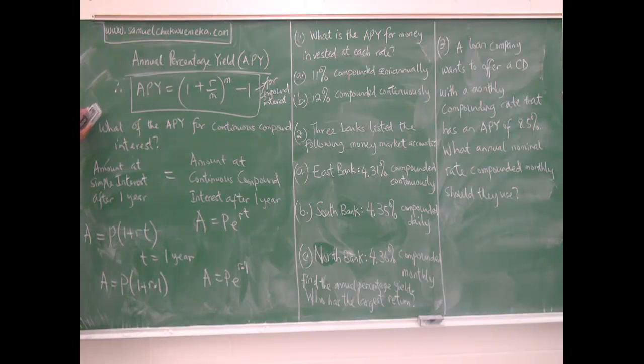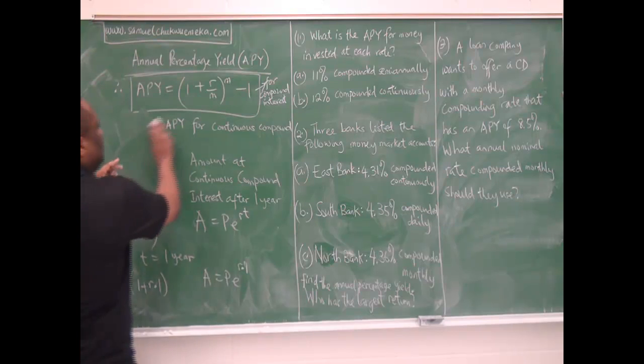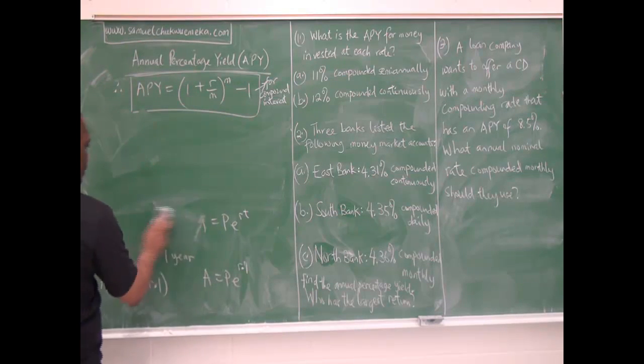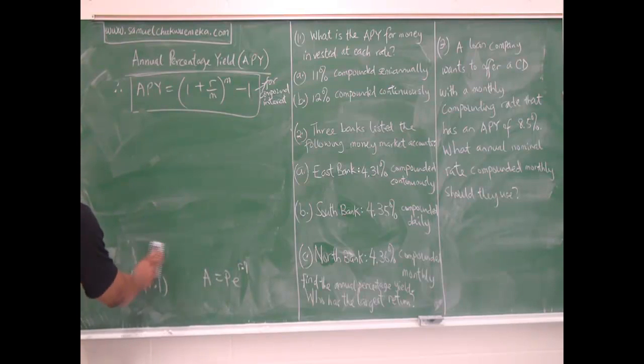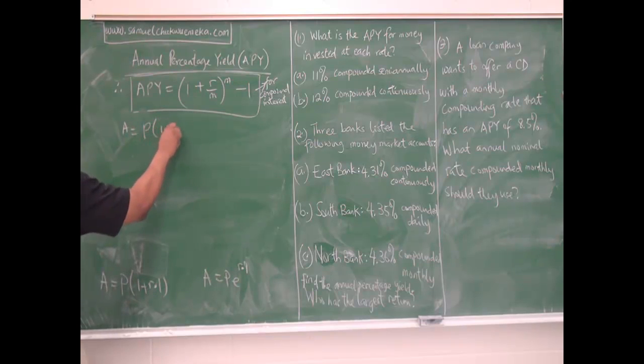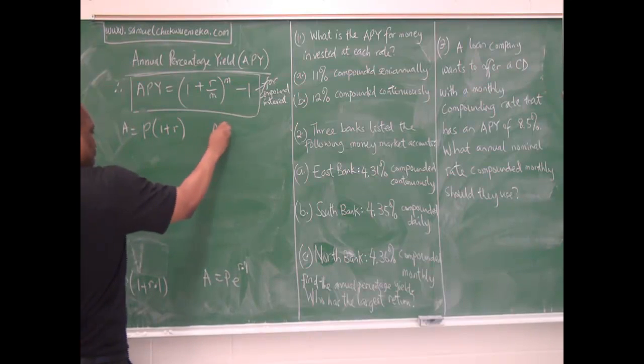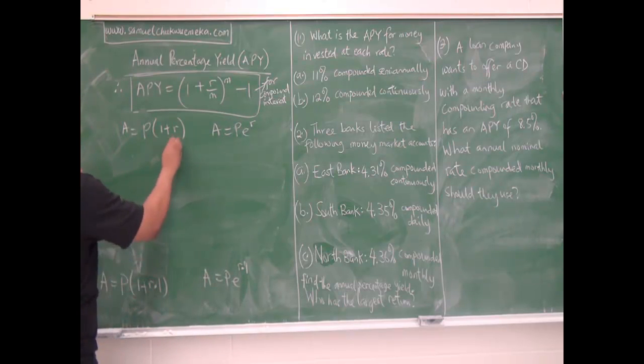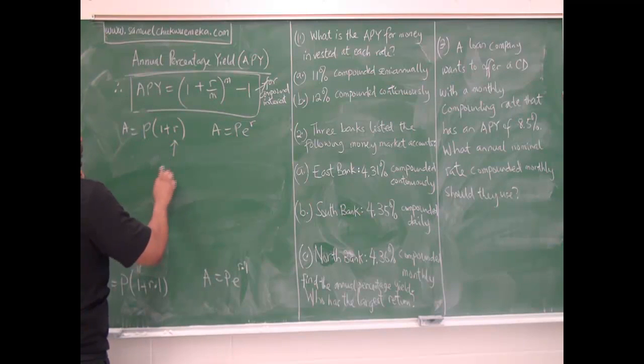Now let's finish it. So A equal to P(1 + R), and A equal to P e^R. Now this R is your APY, your annual percentage yield.